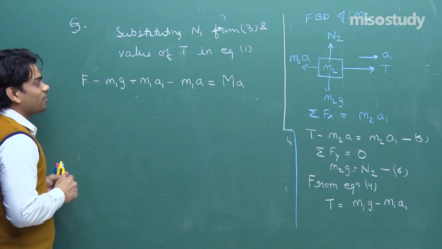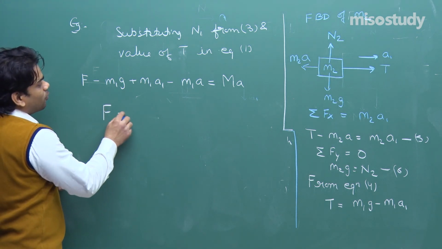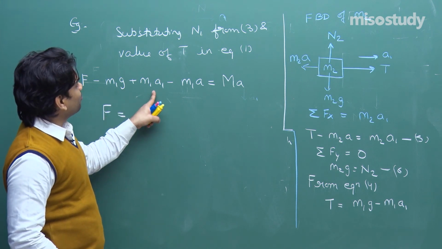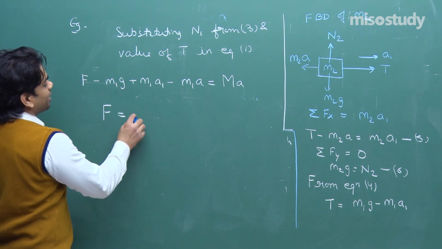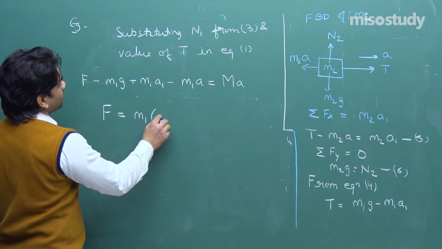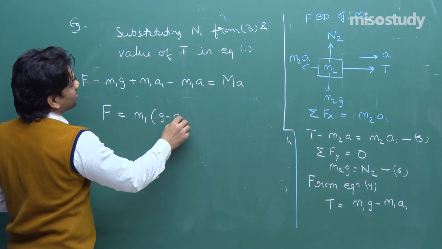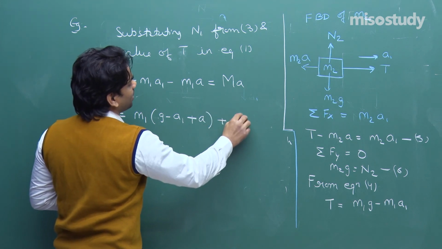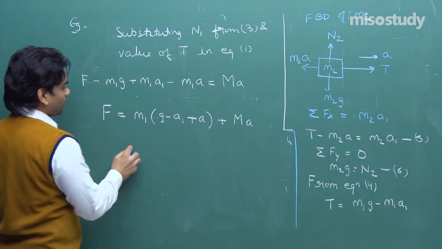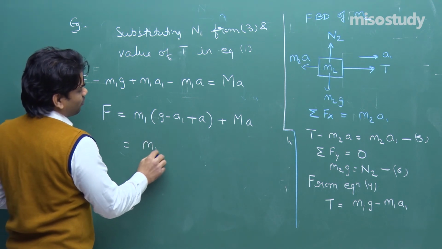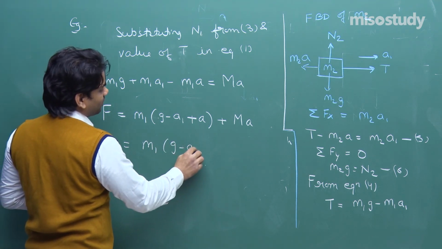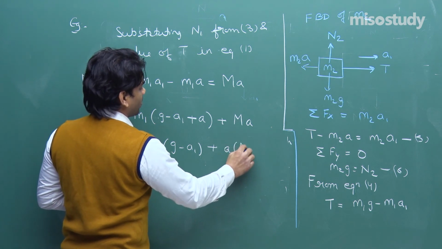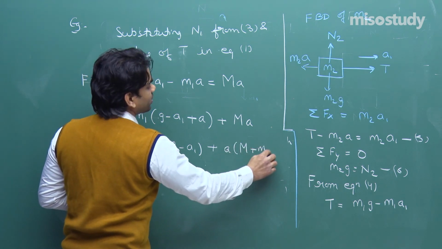We want to evaluate the value of force which was required. So force comes out to be M1G minus M1A1. So M1 we can take common, M1 G minus A1, plus A plus capital M into A. Or you can write it in this way, even the earlier way is right.